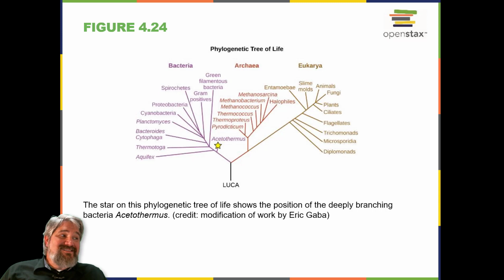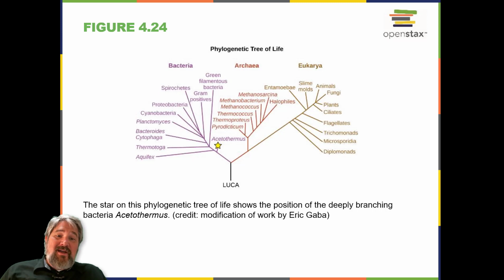Scientists consider the deeply branching bacteria, such as the genus Acetothermus, to be the first of these non-LUCA forms of life produced by evolution some 3.5 billion years ago. When placed on the phylogenetic tree, they stem from the common root of life, deep and close to the LUCA root, hence the name deeply branching.